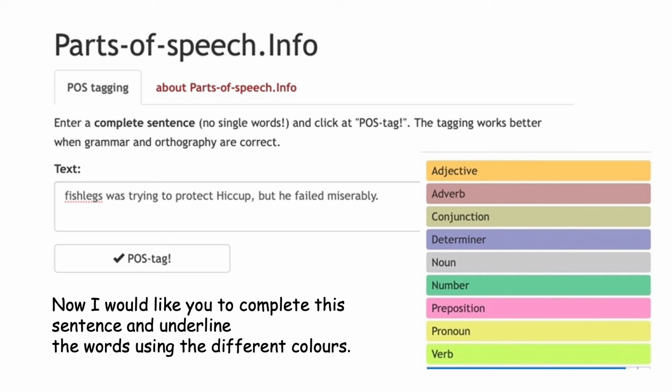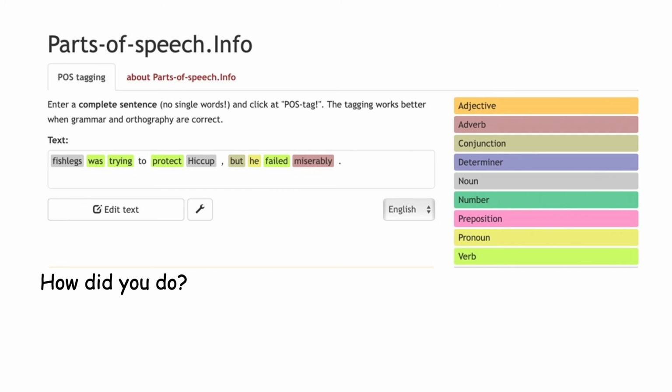Okay, so have you done that? Let's see if you have got them right. So we have Fishlegs is the noun. Was trying is a verb. To isn't actually highlighted, but it should be. I do apologise. So it's to protect.